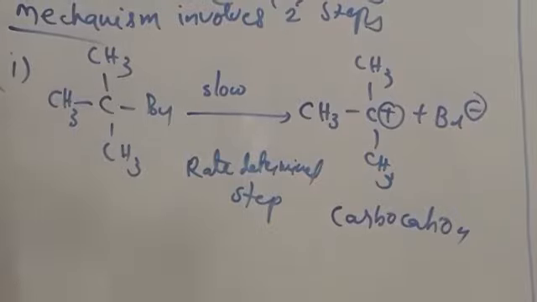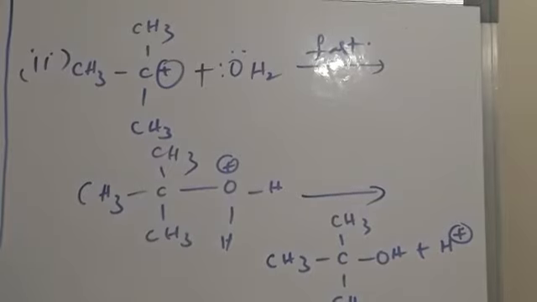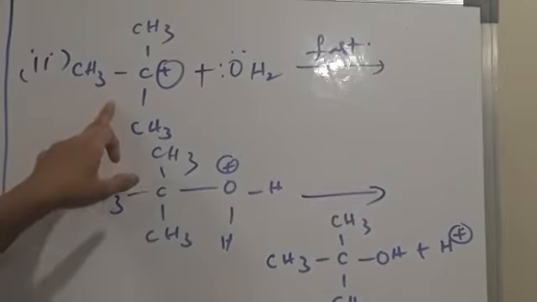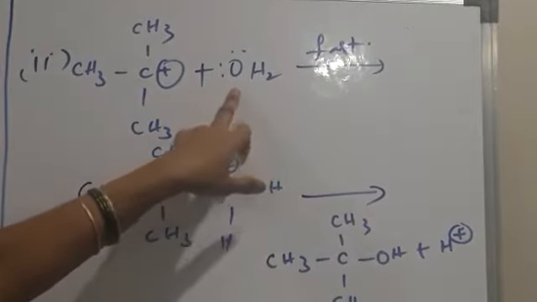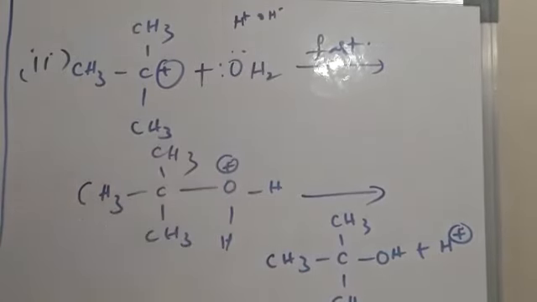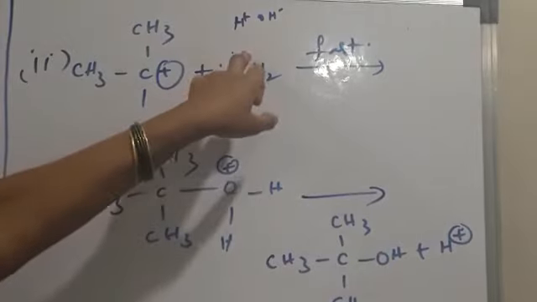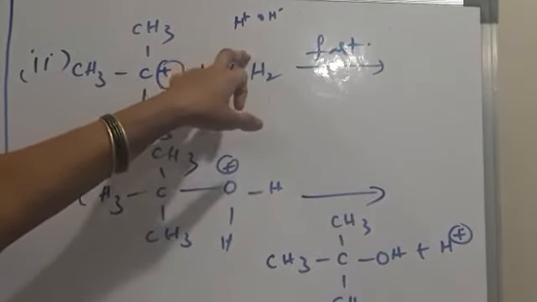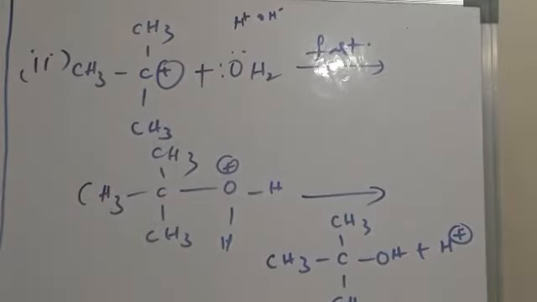Next step, second step. The carbocation, this is tertiary butyl carbocation, reacts with water. Okay. So water contains H plus and OH minus ion, and oxygen has a lone pair of electrons. Okay. So here the OH minus ion acts as nucleophile.